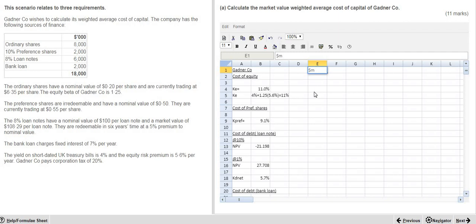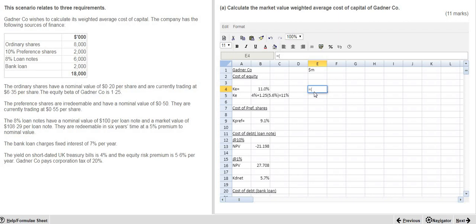Okay. So for the market value of equity, we said the ordinary shares. Did they tell us how many shares we have in the capital structure? No, because we need to multiply the shares by the market value of the share. So to get it, you need to divide the book value of the equity by the nominal value, then multiply it by the market value of the share. So I'm going to say equal to, open bracket.